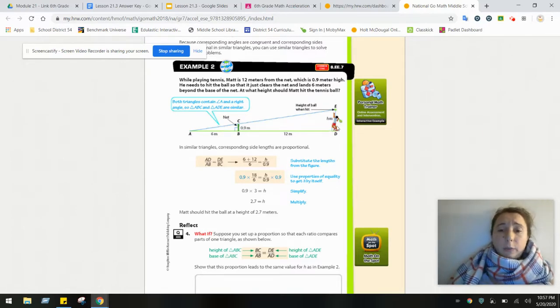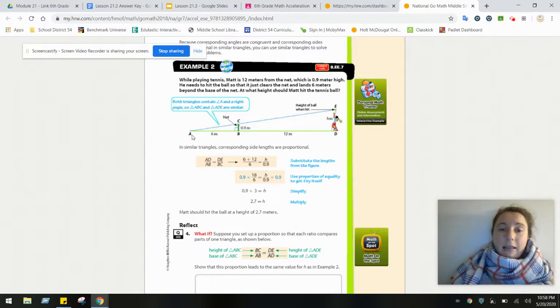We need to figure out what we do know. We do know that from the base of the net to where he wants the ball to hit is 6 meters. And we do know that from where he is standing to the net is 12 meters. These two line segments are going to be what we use to compare. And what we're trying to figure out is his height, and what we want to compare to is the height of the net. So in similar triangles, corresponding side lengths are proportional.